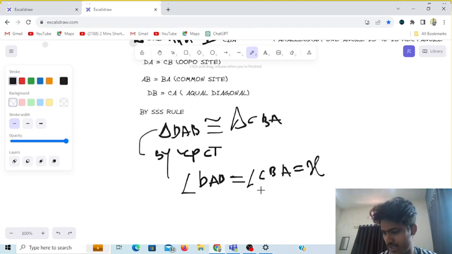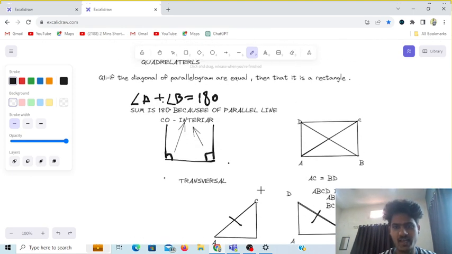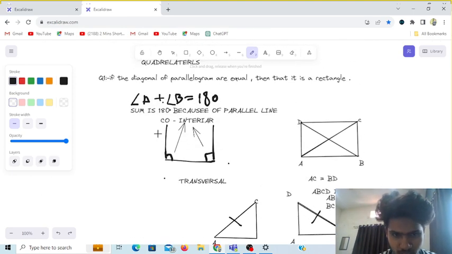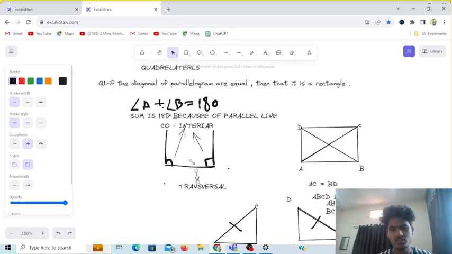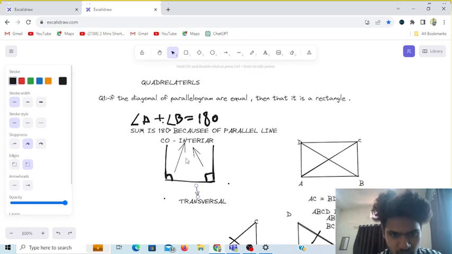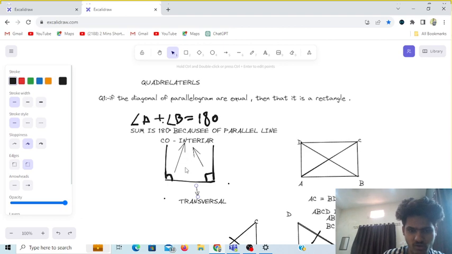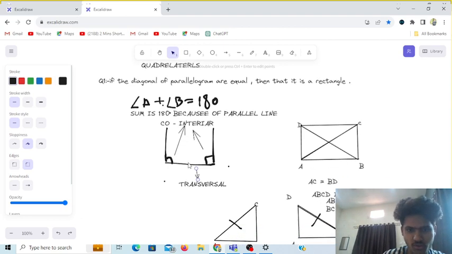As you know, these are the two sides of the parallelogram, and this is the transversal line meeting these two sides. This is the co-interior angle, and the sum is 180 because of the parallel lines.